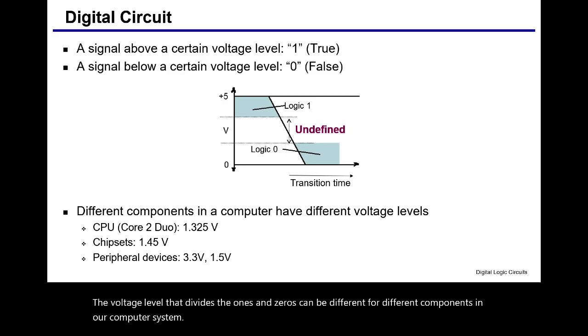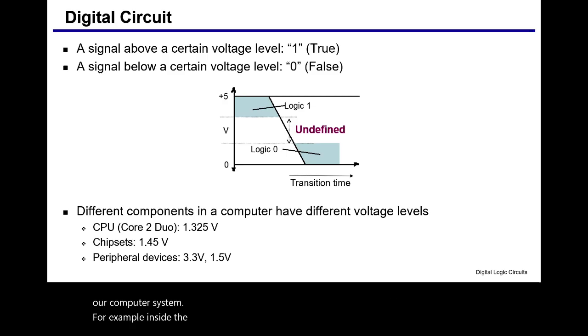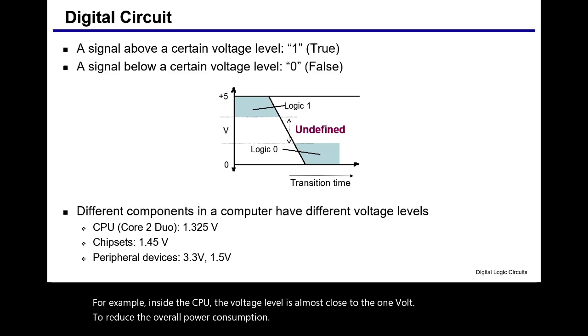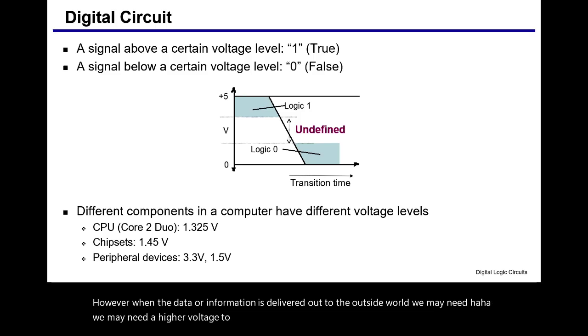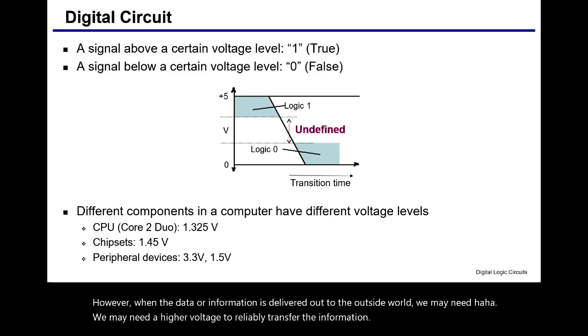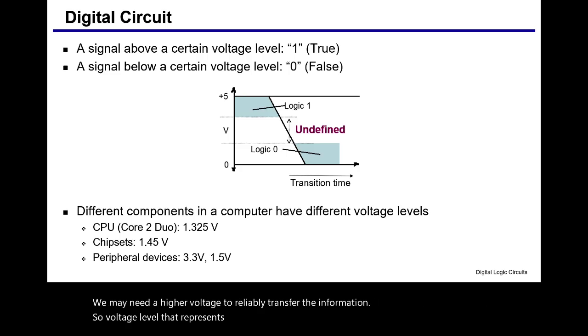For example, inside a CPU, the voltage level is close to 1 volt to reduce the overall power consumption. However, when the data or information is delivered out to the outside world, we may need a higher voltage to reliably transfer the information. So the voltage level that represents 1 is called VDD, and the voltage level that represents 0 is called ground or GND.